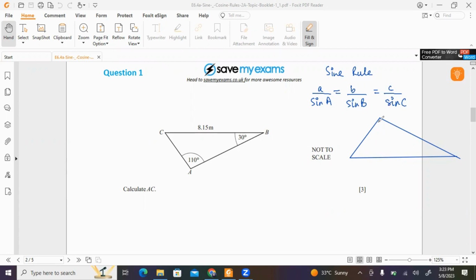In a triangle, as you all know, we have three angles and three lengths. If this is angle A, the length opposite to that is called length a. Similarly, if this is angle B, this will be called length b, and this will be called length c.